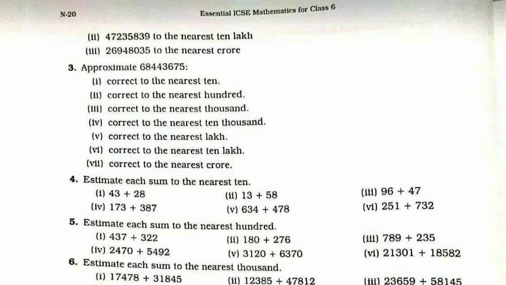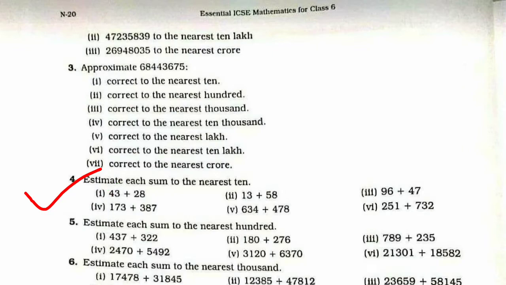We are moving to the next question, question number 4. Estimate each sum to the nearest 10. Now in part 1 you can see two numbers are given and we have to add this and we have to change this into rounded off to the nearest 10. Now look at here.